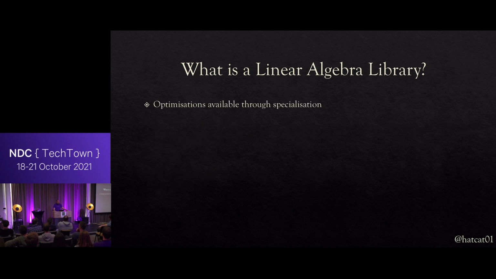Now I have several optimizations available to me. First of all, I know how big all my matrices are going to be. I'm just doing geometry. So I'm not going to be working with 10 by 10 matrices. The largest matrix I have is 4 by 4. I also know that the scalar type is always going to be a 32-bit floating point type.